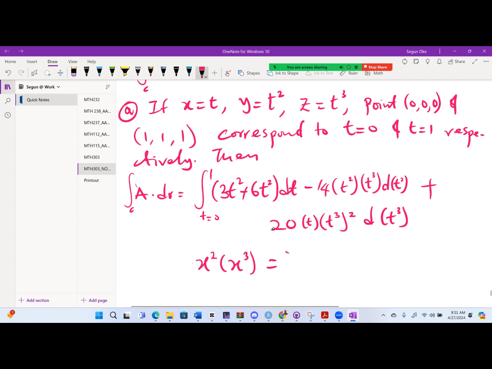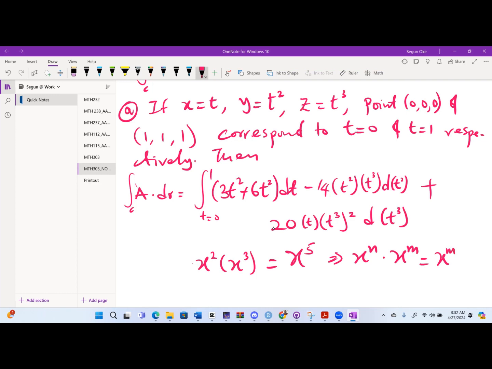Remember the law of indices says a raised to power m, multiplied by a raised to power n, is a raised to power m plus n. So wherever you see t multiplied with a bracket, you will add the powers. Take note of that.